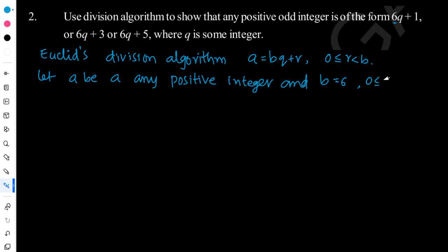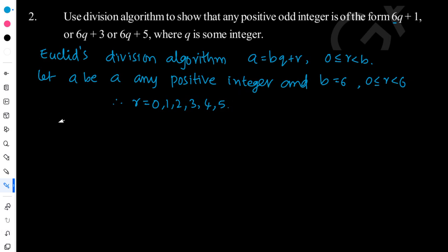Then r is less than b, that is, less than 6. So what are the possible values of r? r equals 0, 1, 2, 3, 4, 5. Don't take 6, because r is less than 6. Up to 5 is correct.